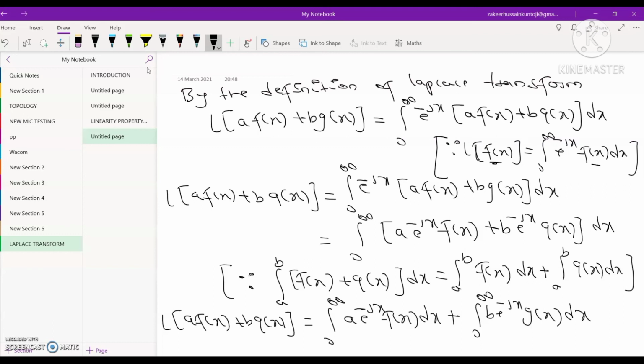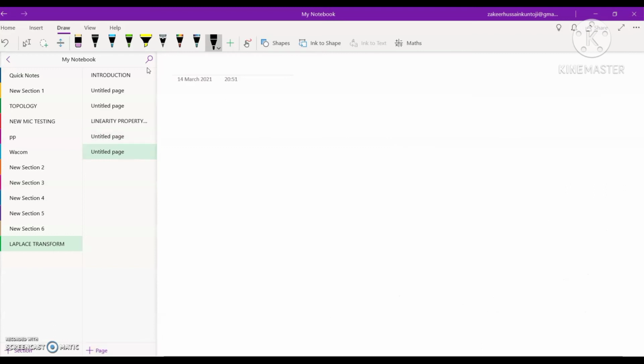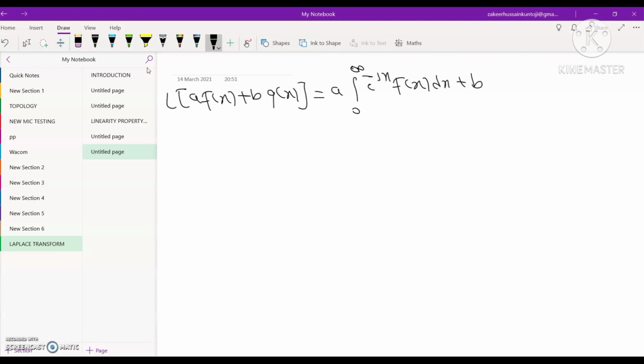Here a and b are constants, so we can take them outside the integral.